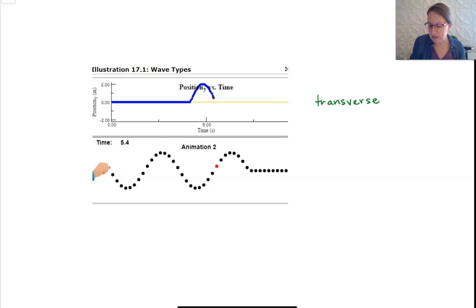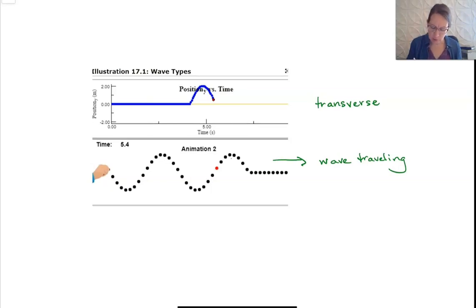The wave is traveling in this direction, for example to the right along the string, but the waving motion is happening perpendicular to it, transverse to it. So this is a transverse wave, because the oscillation is perpendicular to the direction of motion.